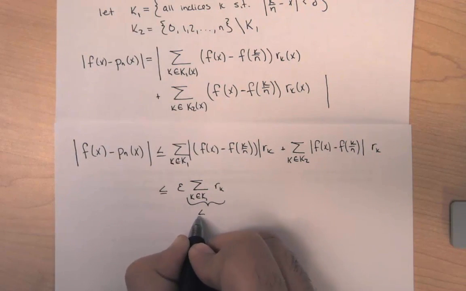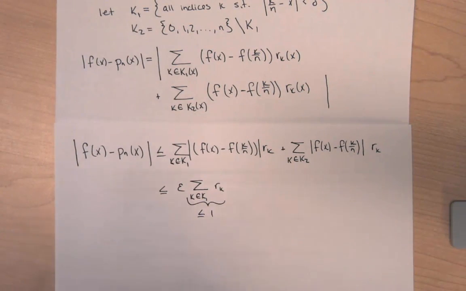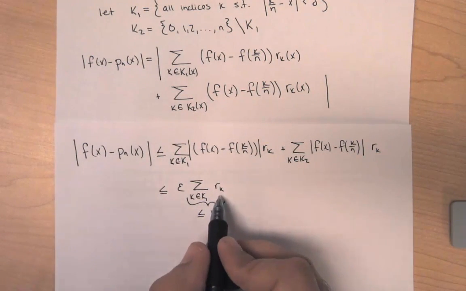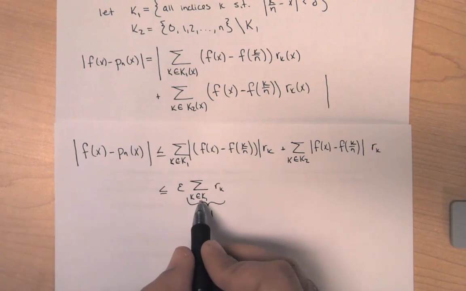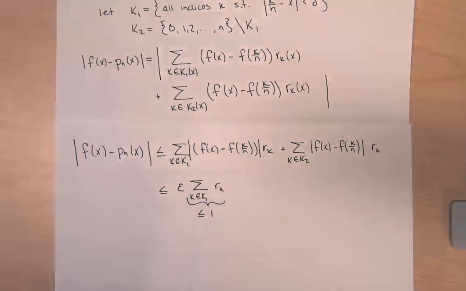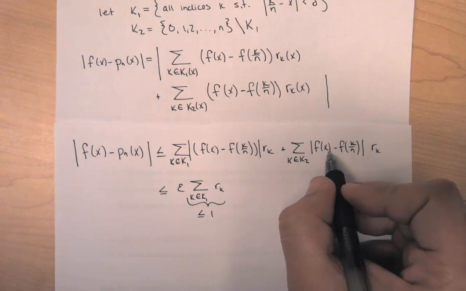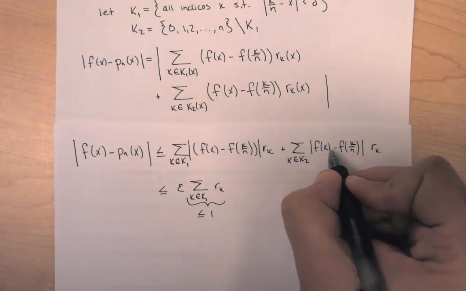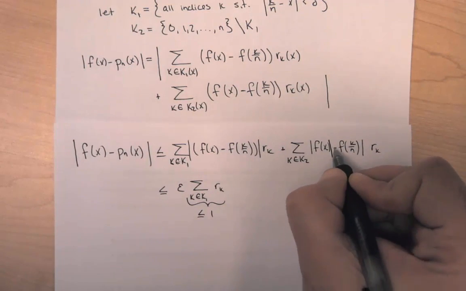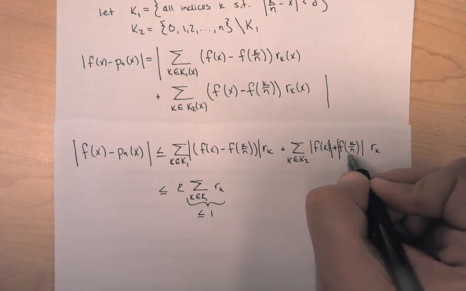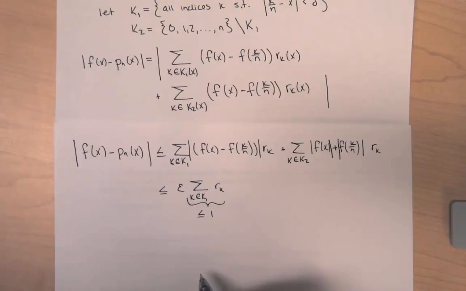And of course, this term here is less than or equal to 1, because if I add up all the r_k, I get 1. Well, I'm taking a subset of them, so I get less than or equal to 1. Now notice I can apply the triangle inequality to this further by saying this is less than or equal to f(x) plus f(k/n).